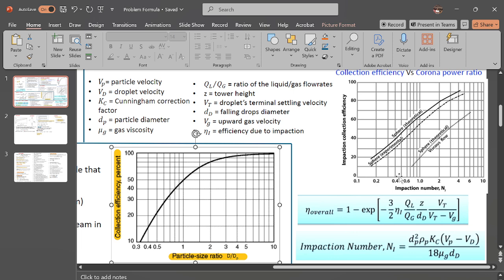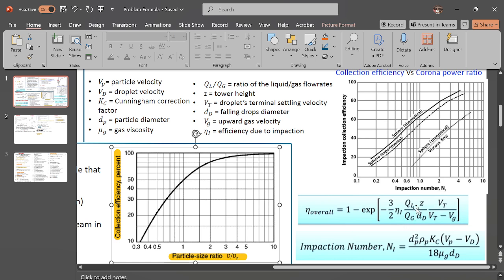Tower height, that is already given, by dt, the drop diameter. We want the particle size diameter also. And then Vt by Vt minus Vg. Vt is the droplet terminal velocity, and Vg is the upward gas velocity. If you know all these things, only eta I is missing. Other values we know from the question itself.